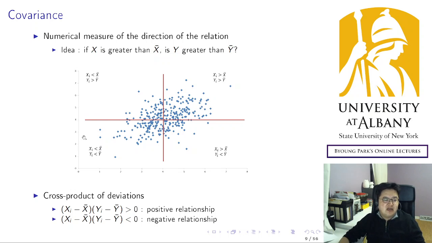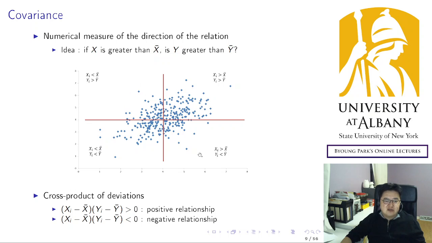The same idea applies to the third quadrant, on the bottom left, where x is smaller than x bar and y is smaller than y bar. When x decreased, y also decreased. So they move together, and the relationship is positive. The observations in these two areas imply a positive relationship.